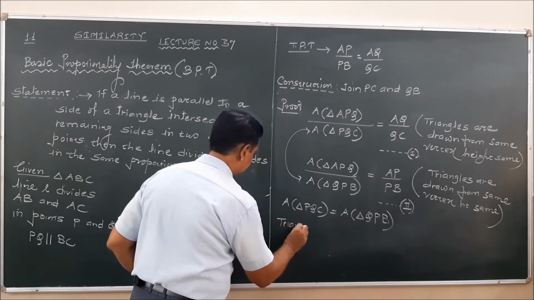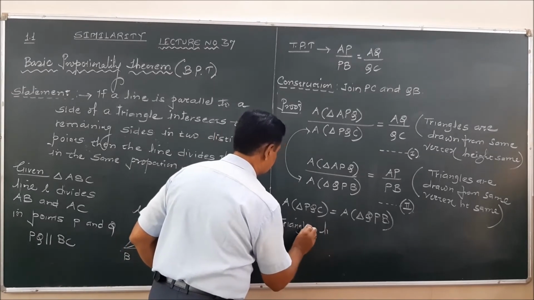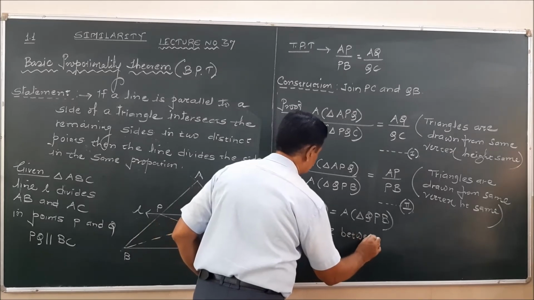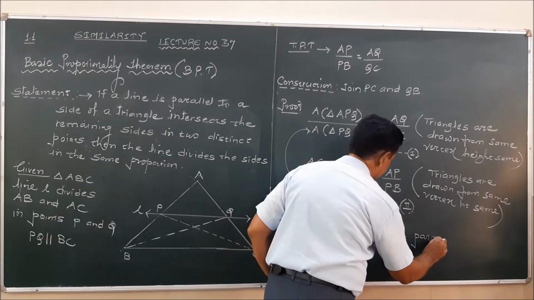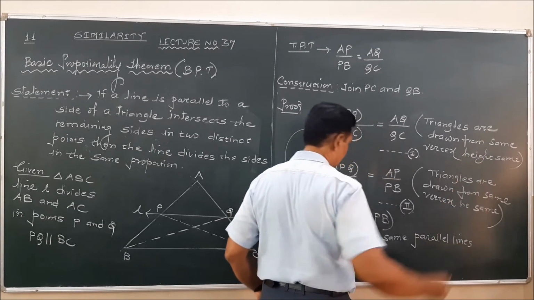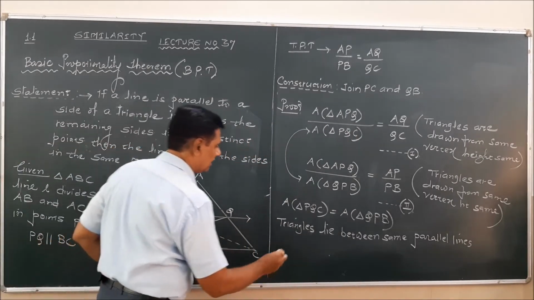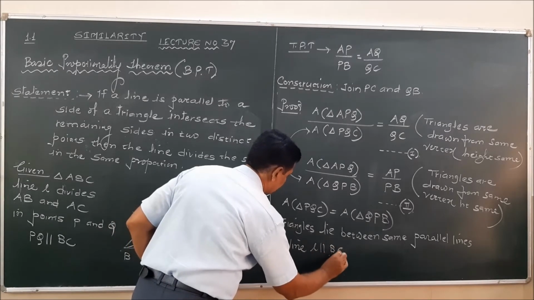Triangles lie between same parallel lines, that is line L and BC. Line L is parallel to BC.